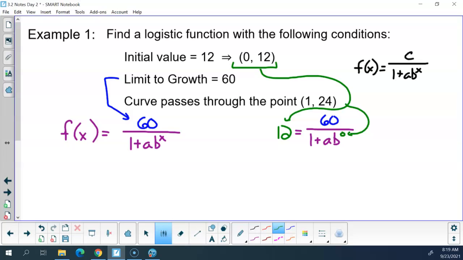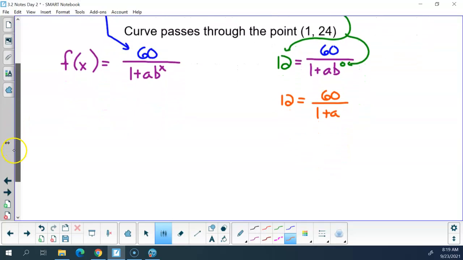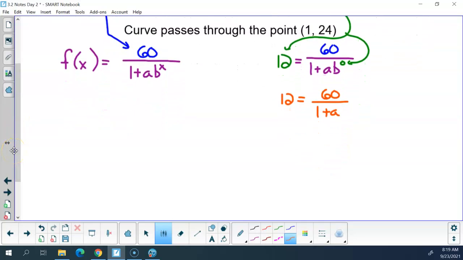B to the 0 power is 1, times A. So this is just 12 equals 60 over 1 plus A. How do you want to solve that? Multiply both sides by 1 plus A. Then what?